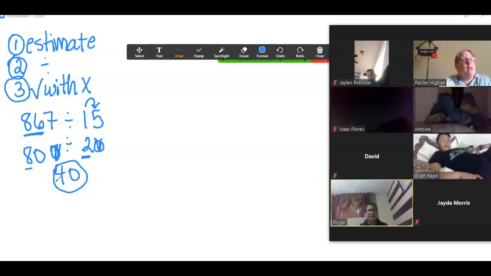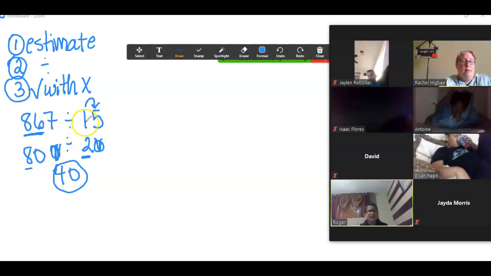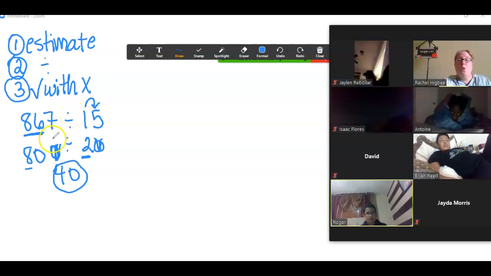Okay, now here's the one thing that might be a little tricky today. Since we're dividing by 15, do I have a multiplication chart that has 15 on it? I don't. Okay, so I have two choices, and this depends on what you want to do. Okay, so what you could do is you could start writing out a list of your multiples.